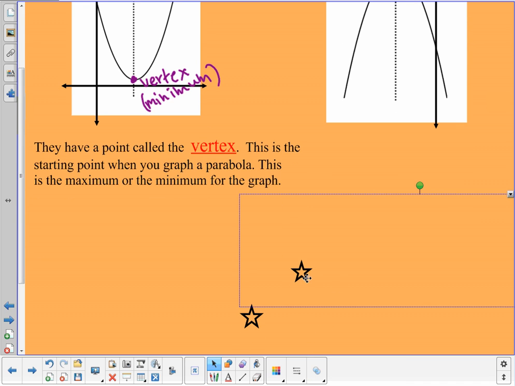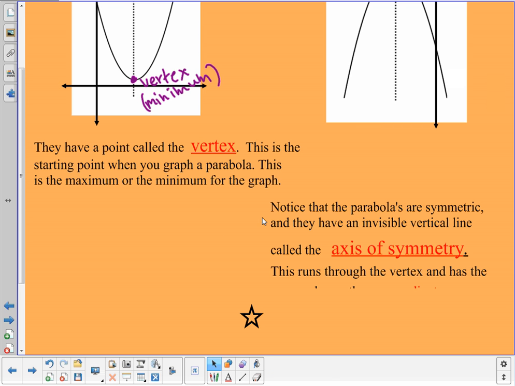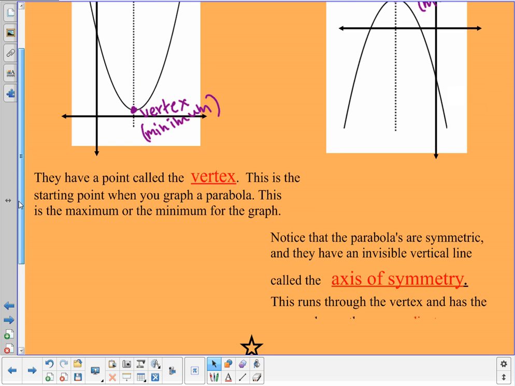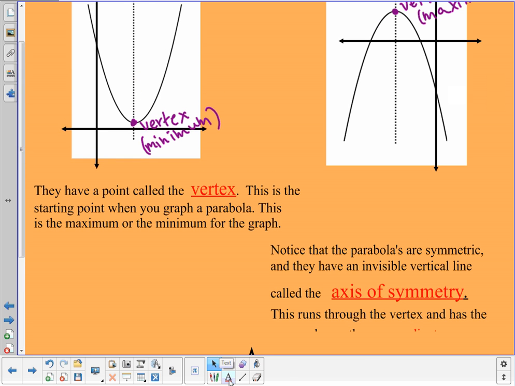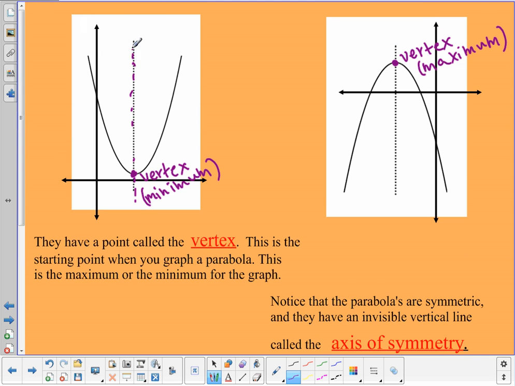So we all remember symmetry and what the concept of symmetry is. Same on one side as the other, kind of like you can fold it or look at it in a mirror. So the parabolas are symmetrical, and they're symmetrical about this line called the axis of symmetry. So these dotted lines right here are also called the axis of symmetry. And again, it doesn't matter if it's opening up or down. An opening down parabola also has the axis of symmetry.